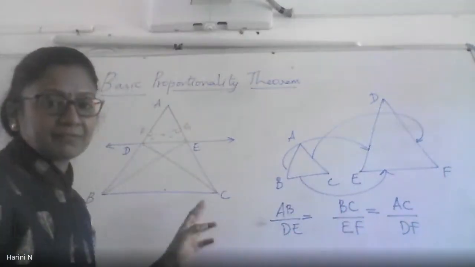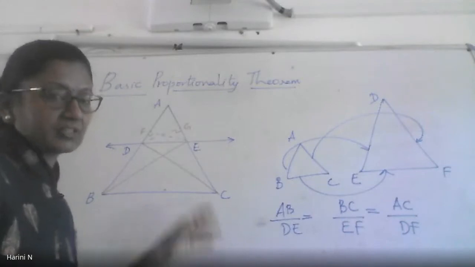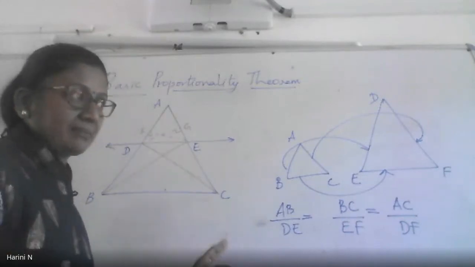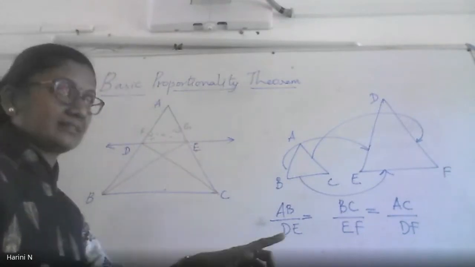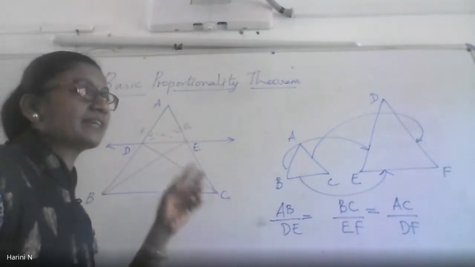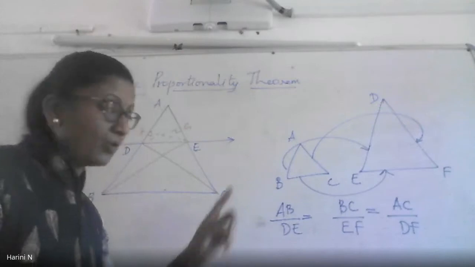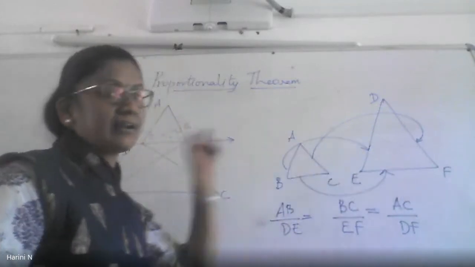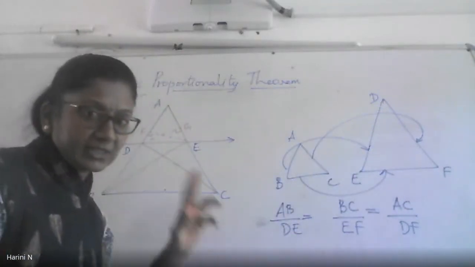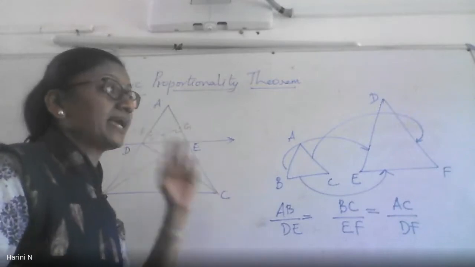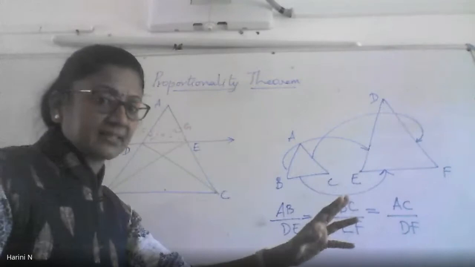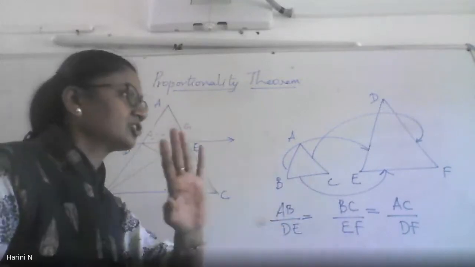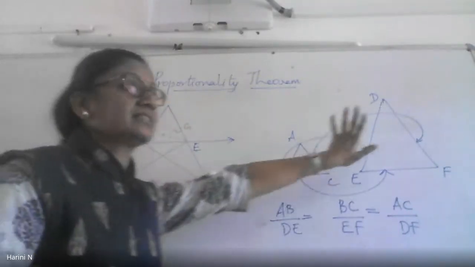All right. So this is what we discussed about similarity of triangles. Two triangles are similar if they have the same shape, though not necessarily the same size. So mathematically, when do you say they have the same shape? When their corresponding angles are equal. When I say they have the same size, that is congruence. But when I say similarity, it is not necessary that they are of the same size.